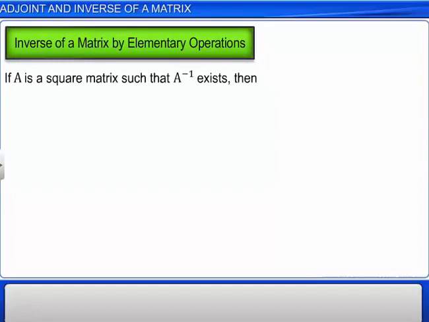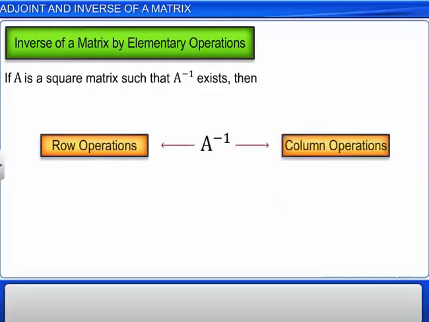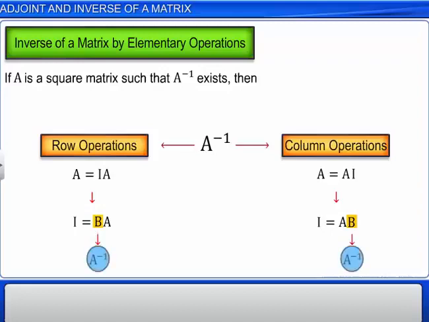If A is a square matrix such that A inverse exists, then to find A inverse using elementary row or column operations, we write A is equal to I into A or A into I, and apply a sequence of elementary row or column operations till we get I is equal to B into A or A into B. In each case, matrix B will be the inverse of matrix A.